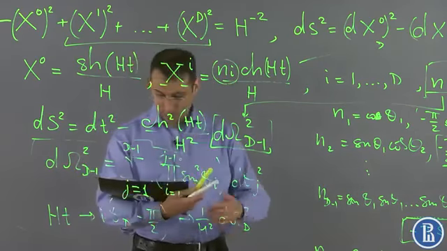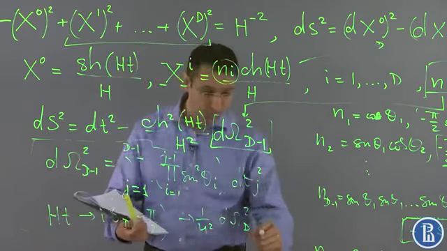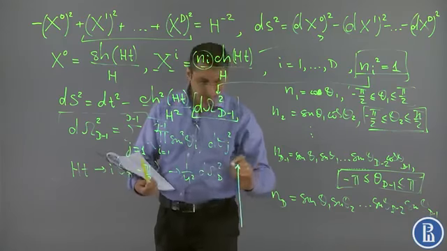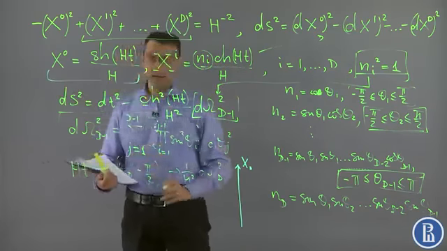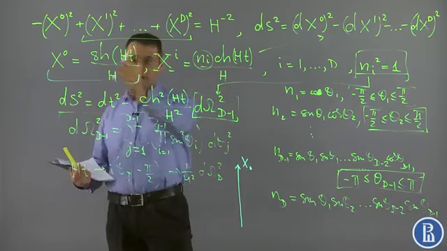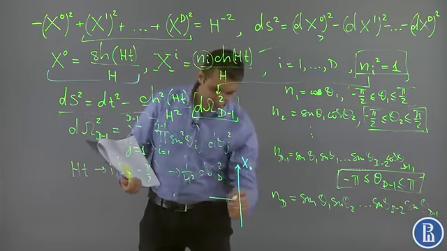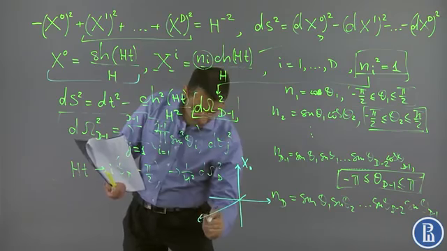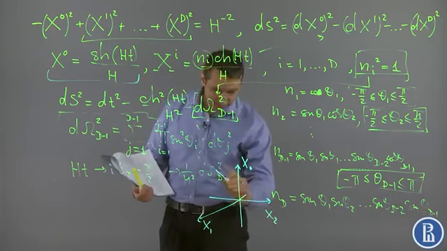And now one can straightforwardly see the meaning of this picture that I drew. When we have x0, which simply changes homogeneously, rising from minus infinity to plus infinity, and this is x1, x2, we obtain this hyperboloid.